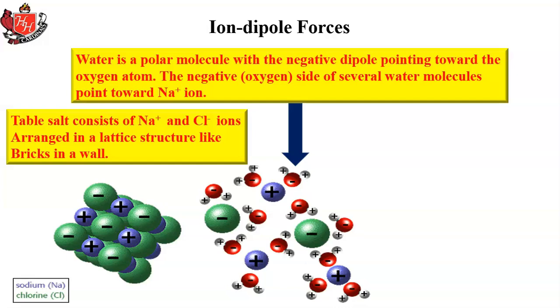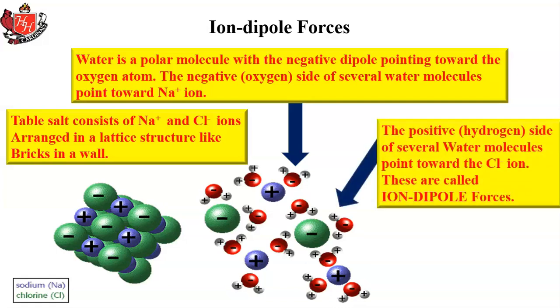You'll notice where that arrow is pointing, you have 4 water molecules surrounding that one plus sign, that sodium ion, and the negative end of each of those water molecules is pointing in the direction of the plus sign. So those 4 molecules would have enough force to pull that sodium ion away from the crystal lattice structure over on the left.